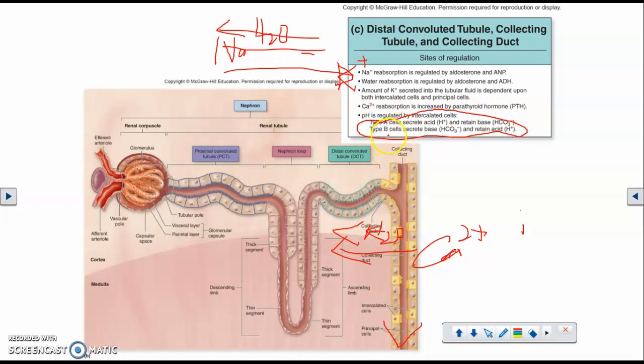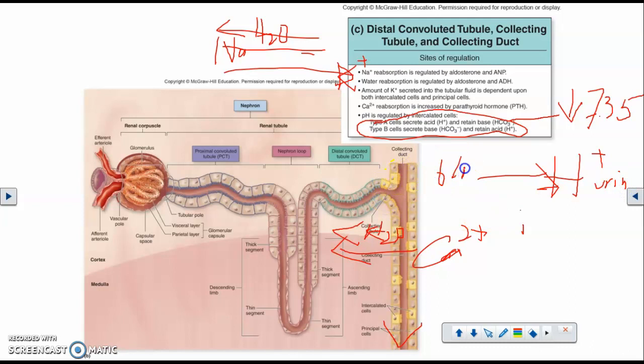Now, a very important thing here: type A cells or type B cells. Type A cells are more active if your arterial pH is below 7.35. That means you're acidic. So if you're acidic, your type A cells get rid of hydrogen into the urine, and on the other side, the blood in the peritubular capillaries, they reabsorb bicarbonate ion.